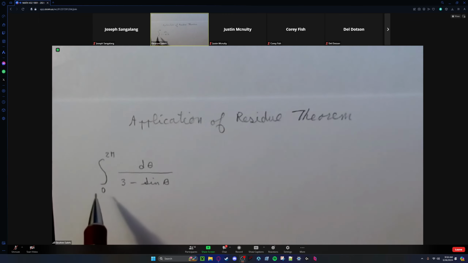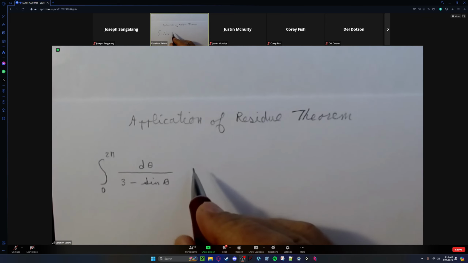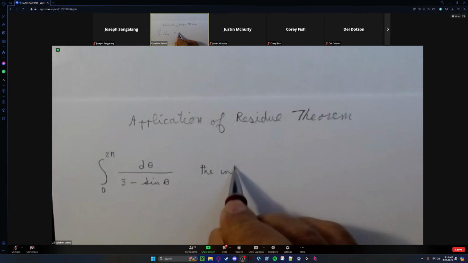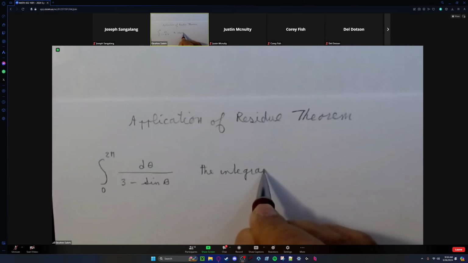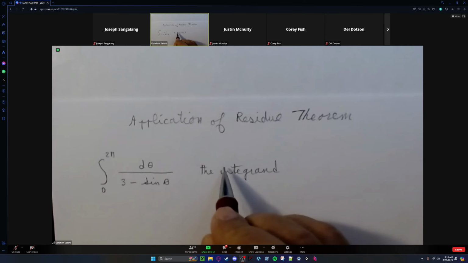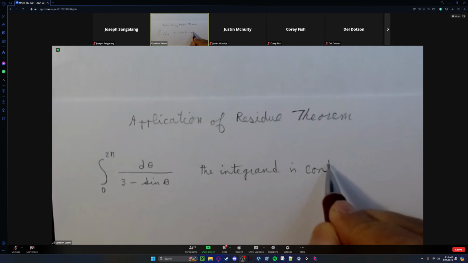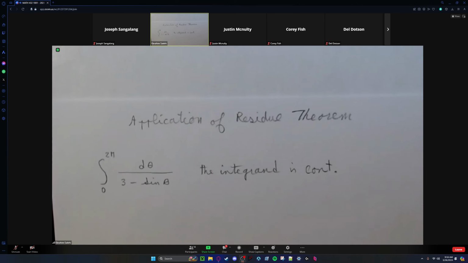So the integral exists. That's all we could say. The integrand, okay, let me put it this way, the integrand is continuous in the interval 0 to 2 pi always is continuous because denominator is never 0.